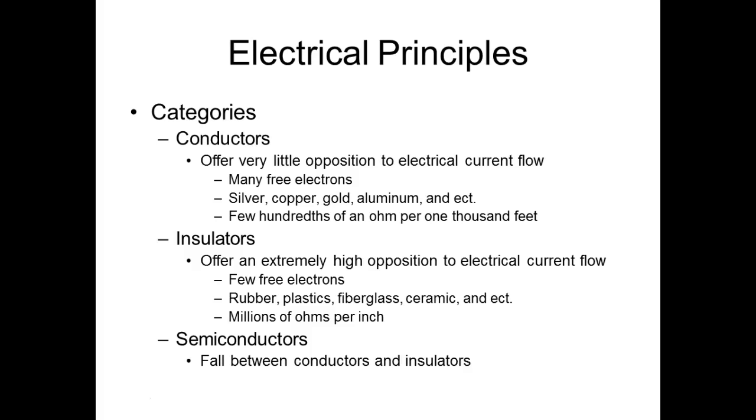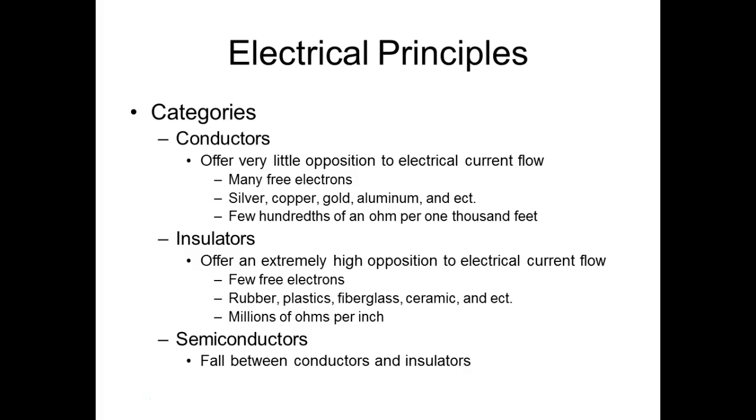In a balanced or neutral atom, the number of electrons matches the number of protons. If we put a charge on one side and cause these electrons to move, automatically another electron falls in and takes its place. So all we're doing is moving those electrons from one atom to the other.